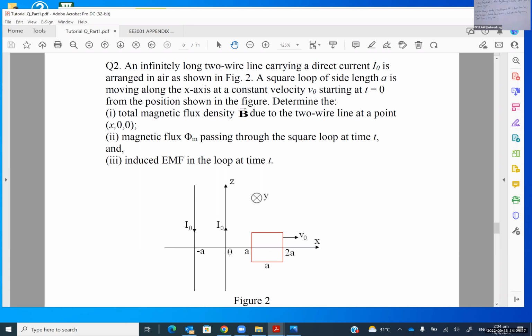That circle, at some positive x value, y equal to 0, z equal to 0, passes through this point in the XY plane.